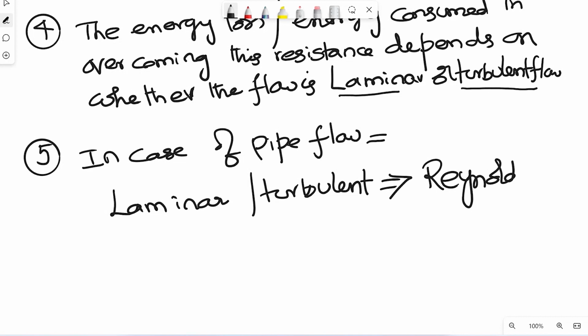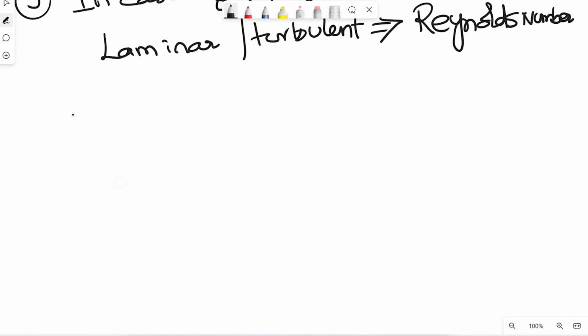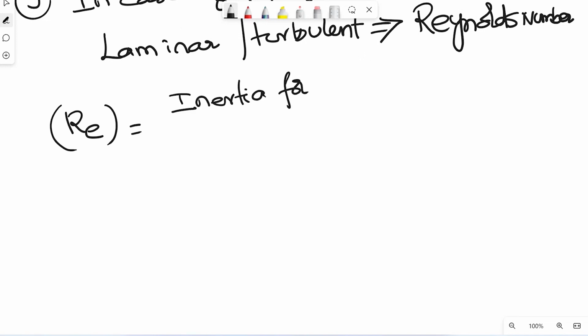We use the Reynolds number to classify whether the flow is laminar or turbulent. What is the Reynolds number? It is the ratio of inertia force to viscous force.